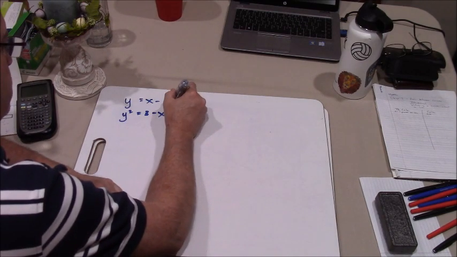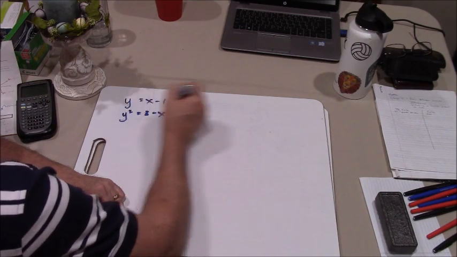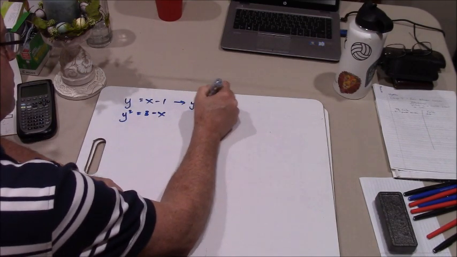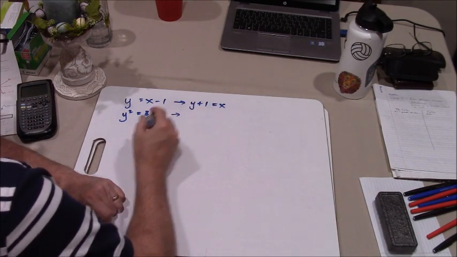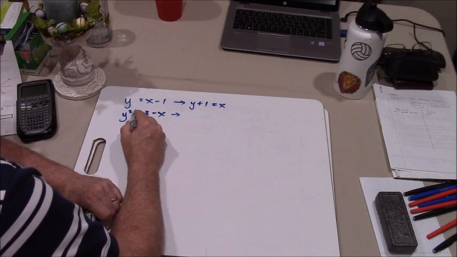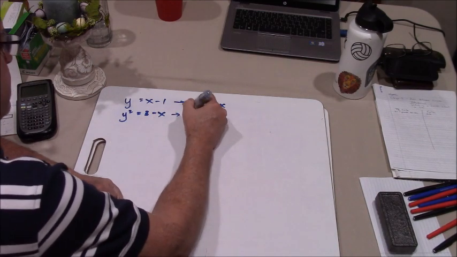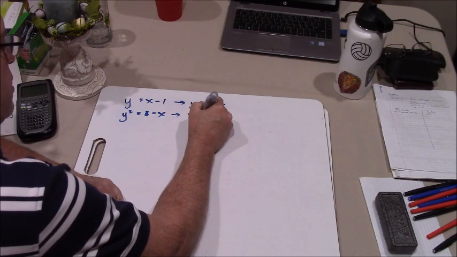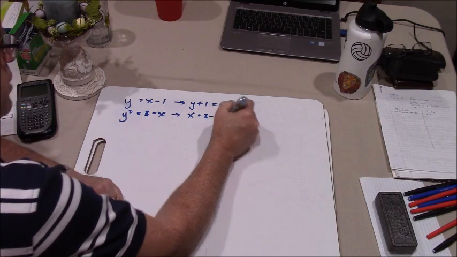All right, so this one, I'm going to move this y over to the side so I get y plus 1 equals x. And for this one, I'm going to move the x over to the left-hand side. I'll bring the y squared back over here. So I'm going to have x equals 3 minus y squared.